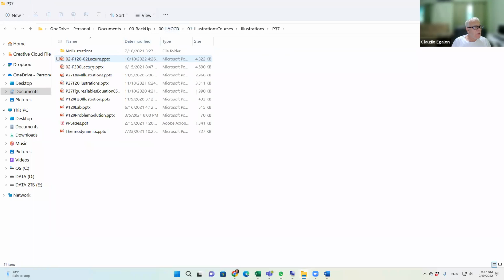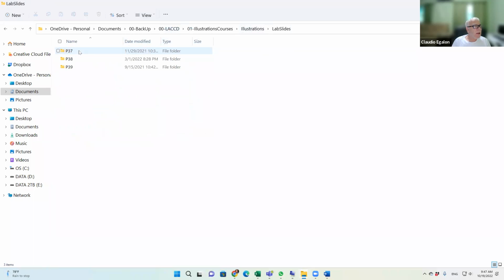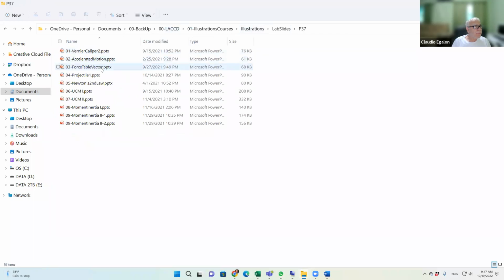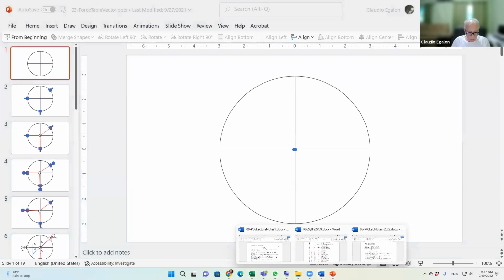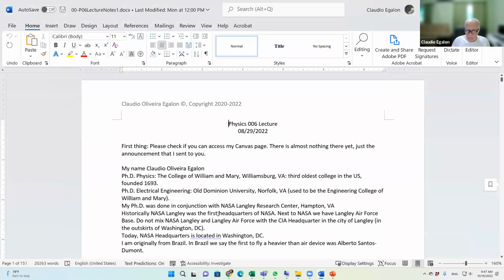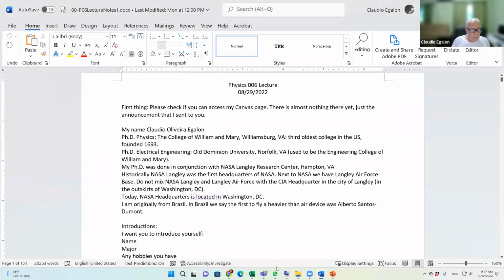Illustration, physics 37. No, not what I want. That slides. Yeah, first table, right here. Okay. So it's 9:47. Now let's take our break, and then I will walk you through how this experiment is done. So it's break.